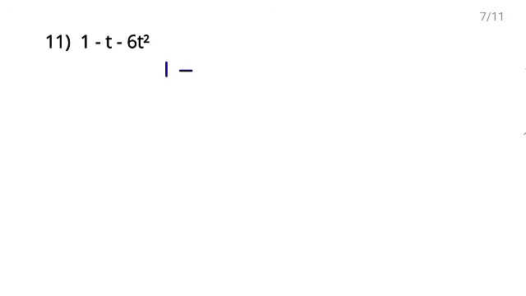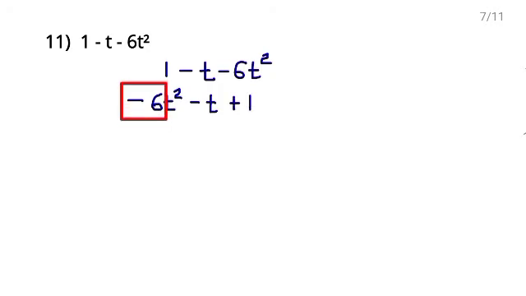This is 1 minus t minus 6t square. First of all, arrange the terms of this polynomial in the descending order of the powers of the variables, right? So first of all we will write 6t square, which is of minus sign, minus t, and 1 is of plus sign, right? Now multiply the coefficient of t square by this 1, which is minus 6 multiply 1 is minus 6, right?